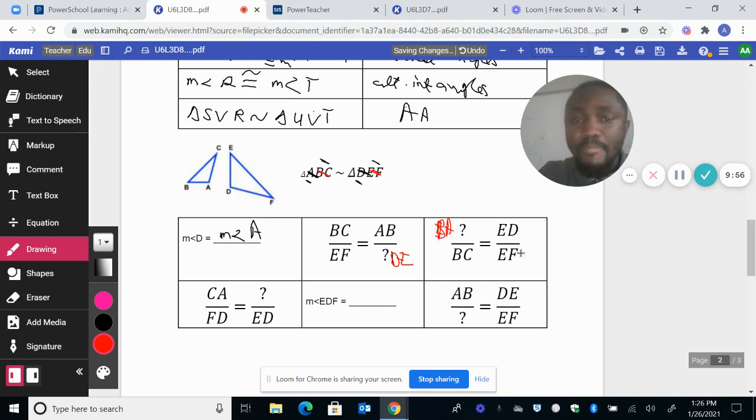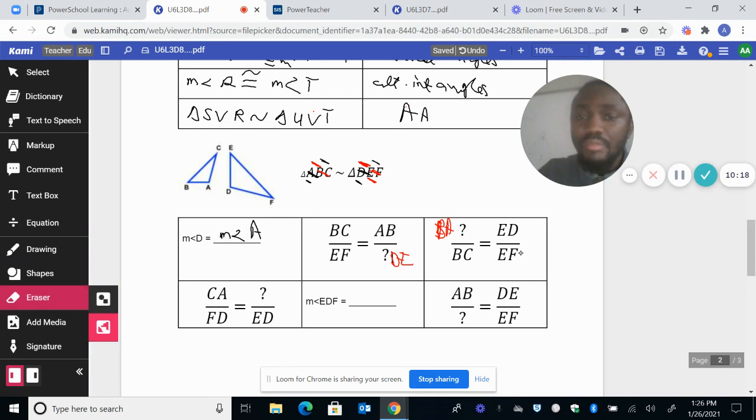ED over EF. So ED corresponds to what? The first two are also AB, but we are moving from E to D, so we have to move from B to A. That's why we have BA here. And lastly, CA, let me clean this.